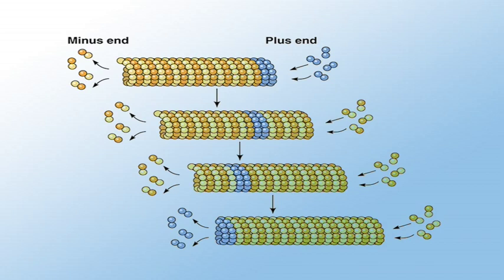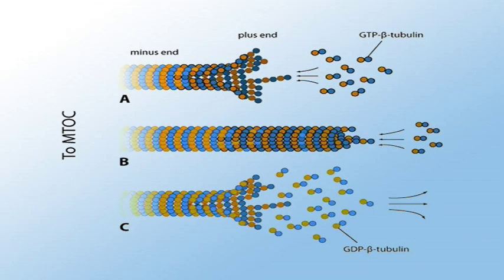Dimers can be added very quickly, making it longer, or dimers could be taken off, making it shorter. So, it can become longer and shorter very quickly. During this phenomenon known as dynamic instability, tubulin subunits will associate from the plus end of the protofilament.